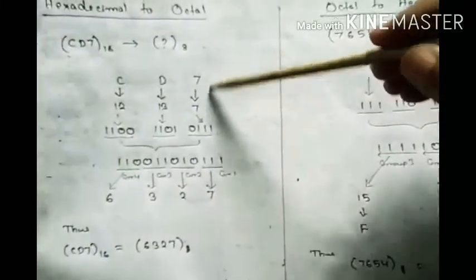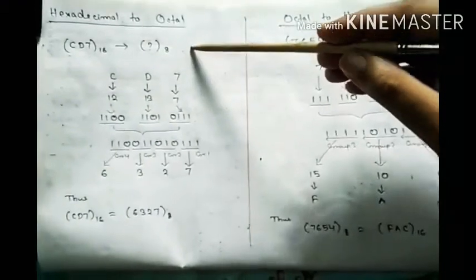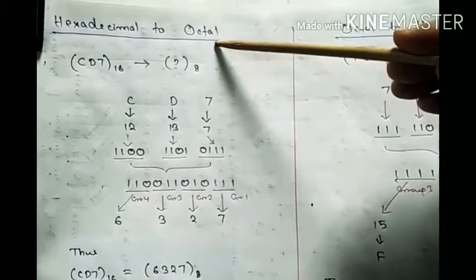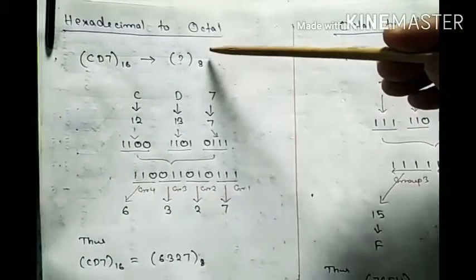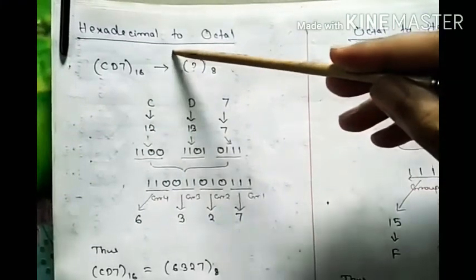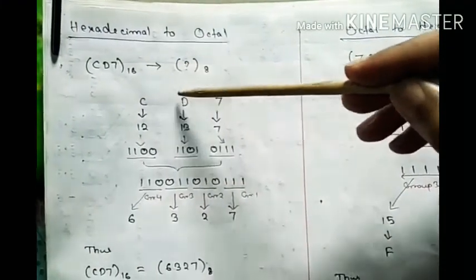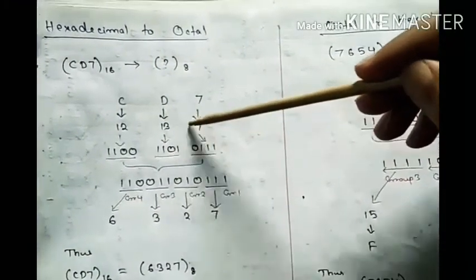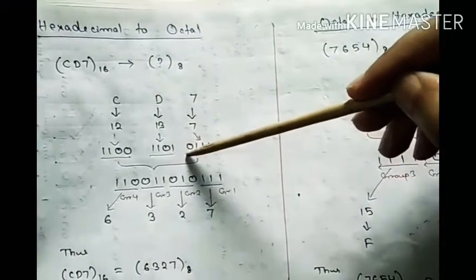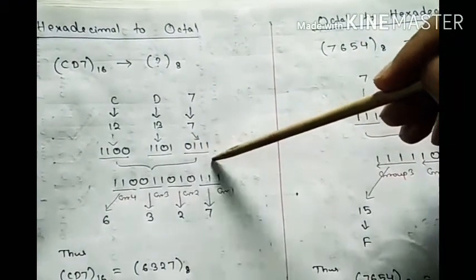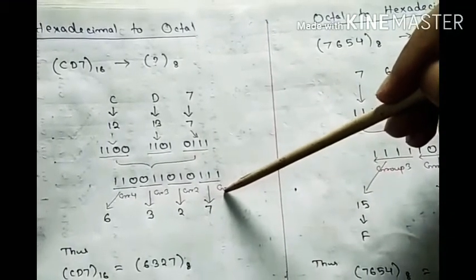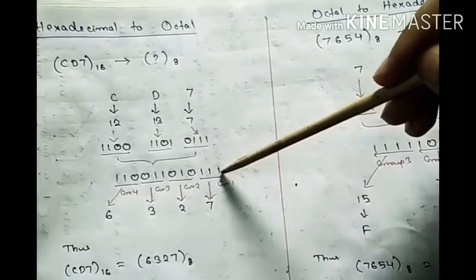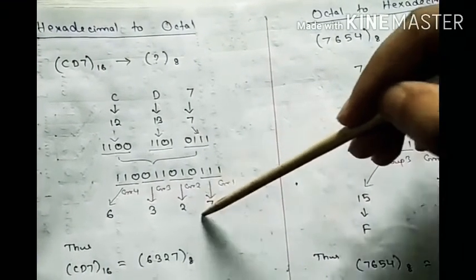So you can see that in both processes there is no direct way of converting hexadecimal to octal or octal to hexadecimal. To convert from hexadecimal to octal, we first represent the hexadecimal number as a binary number, meaning we convert the hexadecimal to binary, then we group the binary number in groups of 3 bits and then convert the binary number to an octal number.